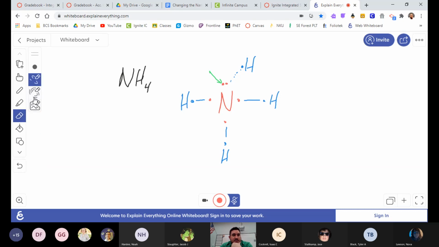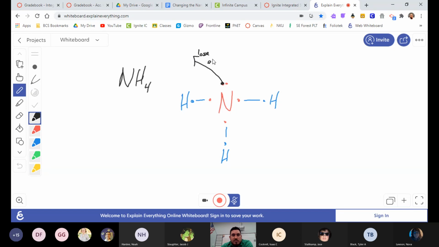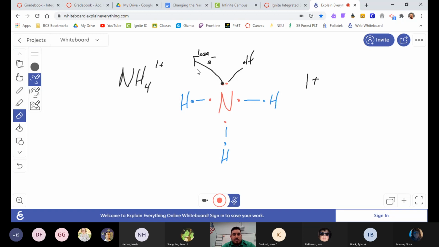Nitrogen already has all the electrons that it needs here. So this is a stable nitrogen atom. It doesn't need to bond up with any more hydrogen, but you can if we lose this electron, and that means that it becomes +1, then we can bond up with hydrogen over here. And that is why ammonium is a +1 charge when you have that compound there.